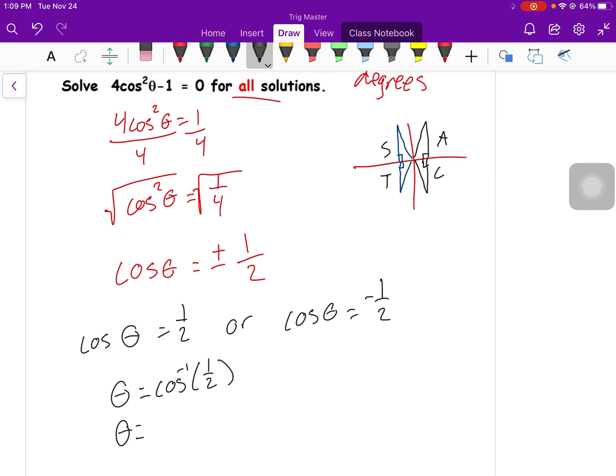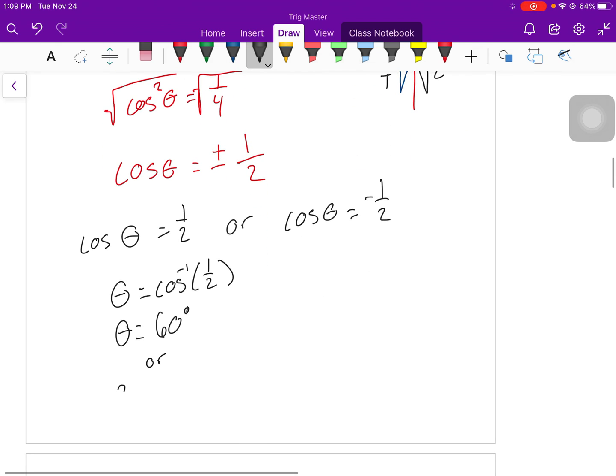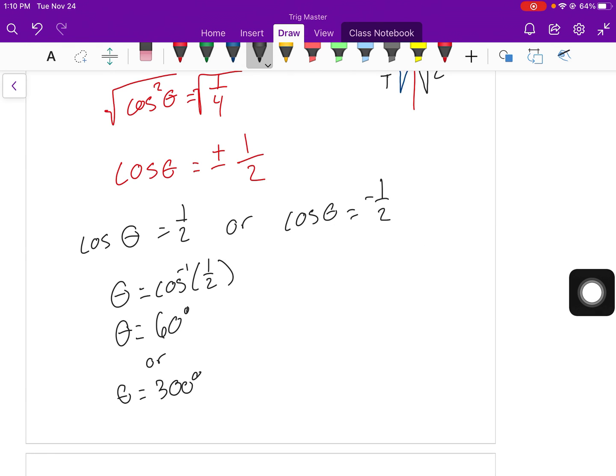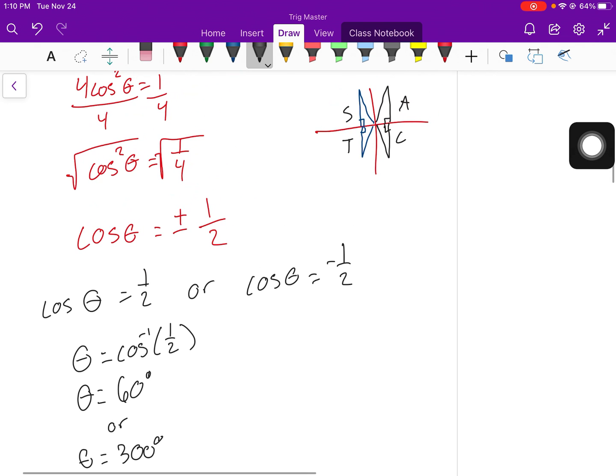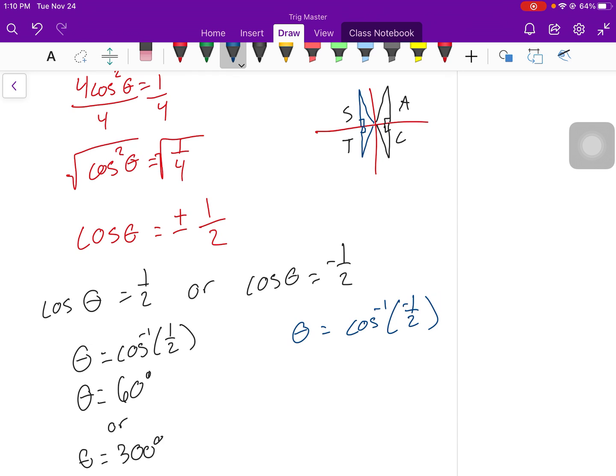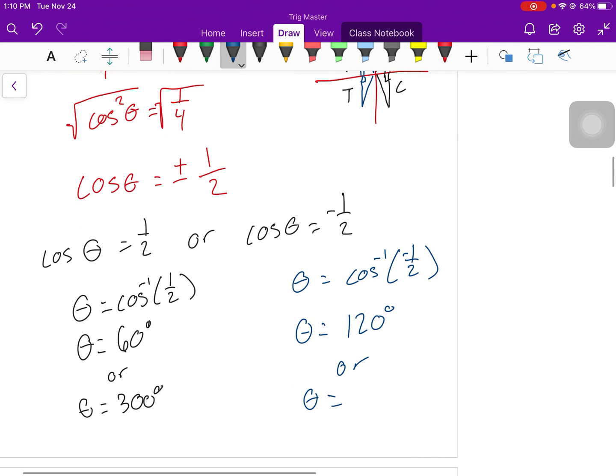All right, so quadrant 1, if I just look at my normal reference angle, cosine is going to be 1/2 at 60 degrees, or theta is going to be, cosine of theta is going to be 1/2 at 300 degrees, if I just subtract 60 from 360. Now, over here, we have negative 1/2. So cosine inverse of negative 1/2, that's going to be 60 degrees short of 180, which is 120 degrees, or theta equals 60 degrees past there, which is 240 degrees.